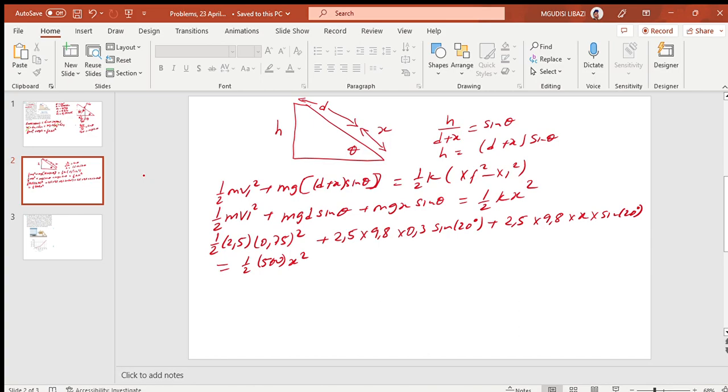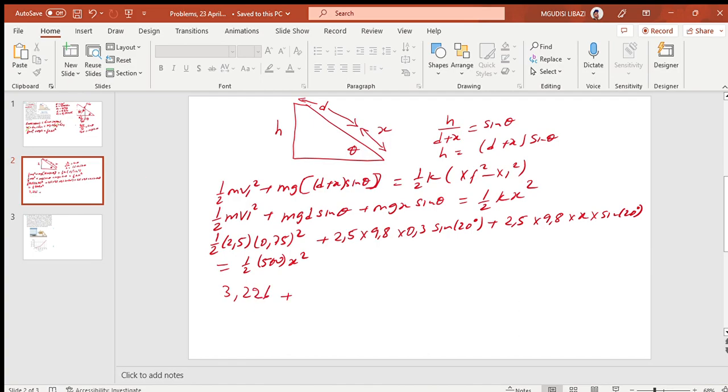So now if we simplify, we have 1 over 2 multiplied by 2.5 multiplied by 0.75 squared, plus 2.5 times 9.8 multiplied by 0.3 sine of 20 degrees, and that gives me 3.226.